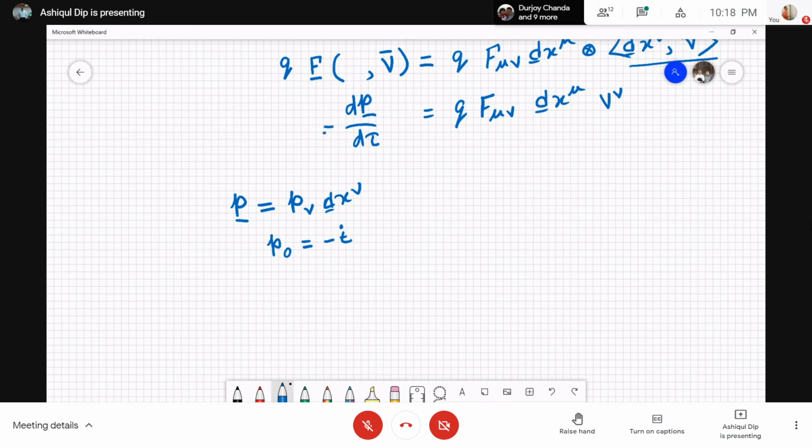So let's write it like this: d by d tau of minus m t dot dt. I can pull m outside of the derivative.